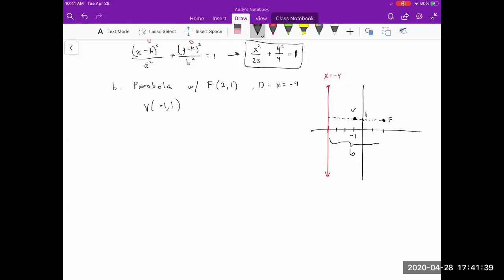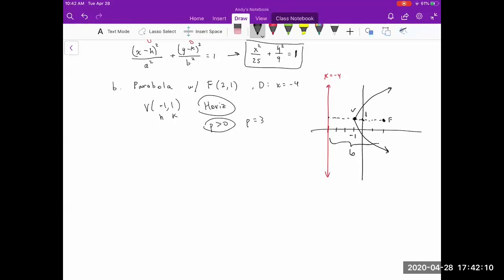And remember, the vertex is h, k. This also tells us a lot from this image. We know the parabola is horizontal. We know that P is positive because it faces in the positive direction, and P is equal to 3. Perfect.